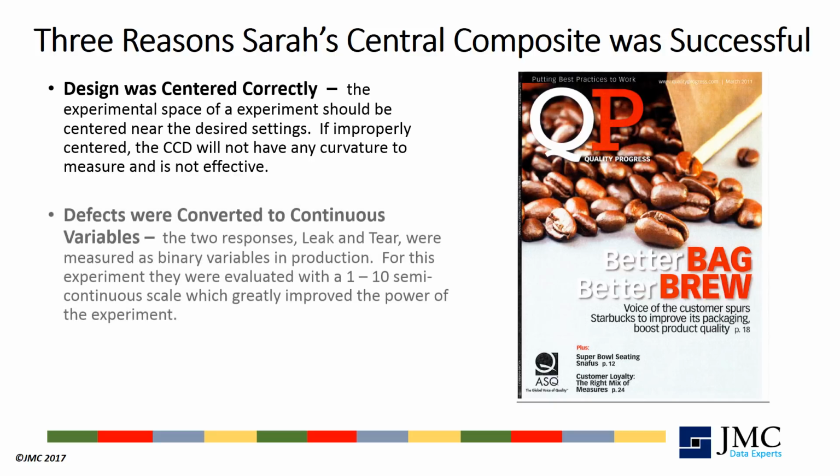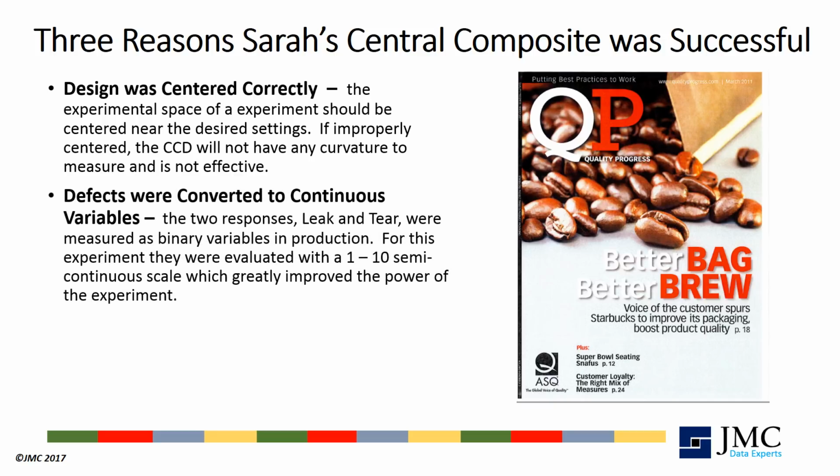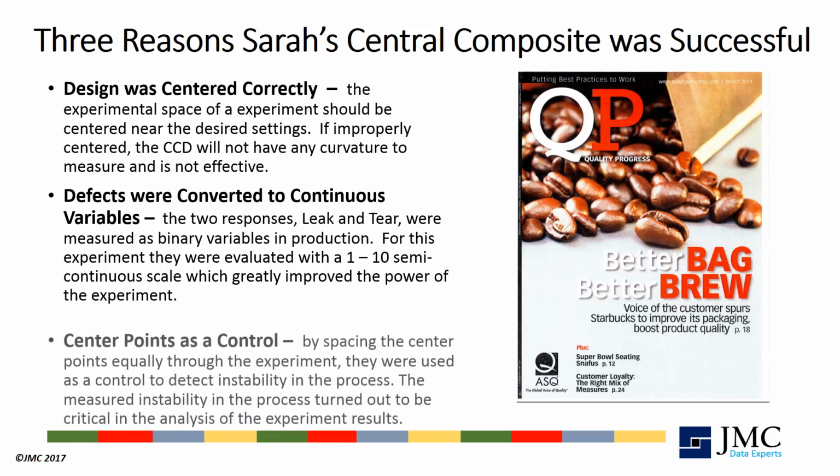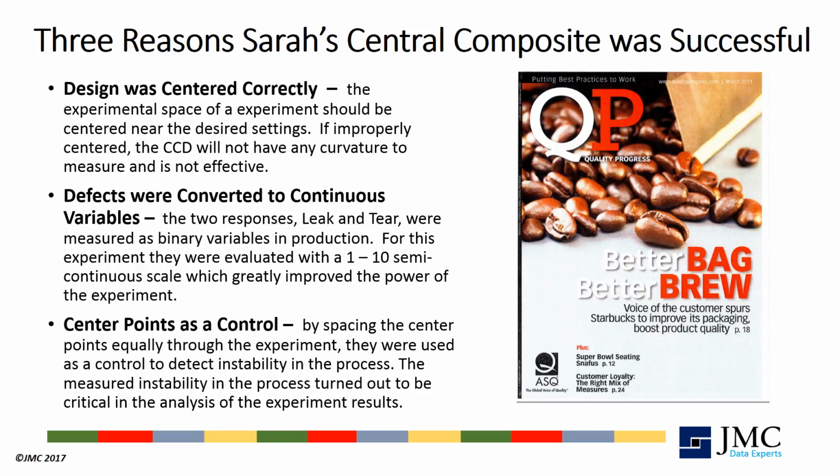Secondly, her responses were binary when measured in standard production, but they were then converted to continuous measurements for the experiment. This added power to the design. Finally, the center points were spread equally through the experiment so that they could be used as a control for the stability of the process. This turned out to be key to the analysis of the results.